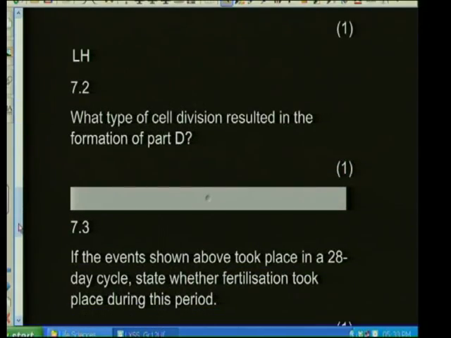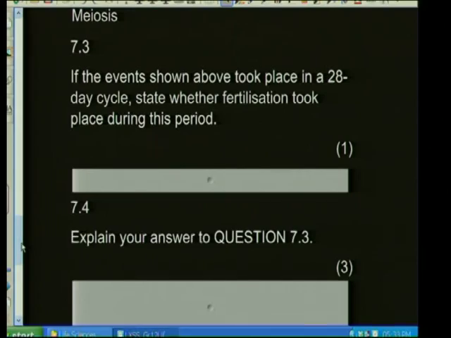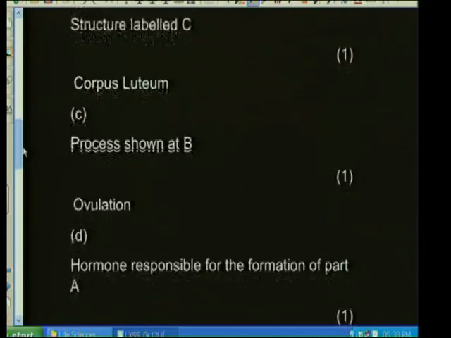And guys, you should know that for an ovum to form, one would need to undergo meiosis. Meiosis leads to the formation of gametes. An ovum is a female gamete, so therefore it would be meiosis. If the event shown above took place in a 28-day cycle, state whether fertilization took place during this period.